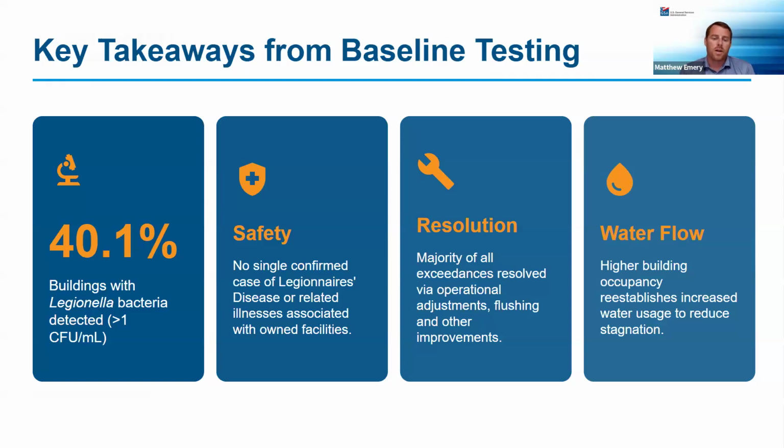One safety note, no single confirmed case of Legionnaires' disease or related illness associated with drinking water in our facilities. The majority of these exceedances we were able to resolve with operational adjustments like cleaning aerators, flushing efforts, and adjusting water temperatures.